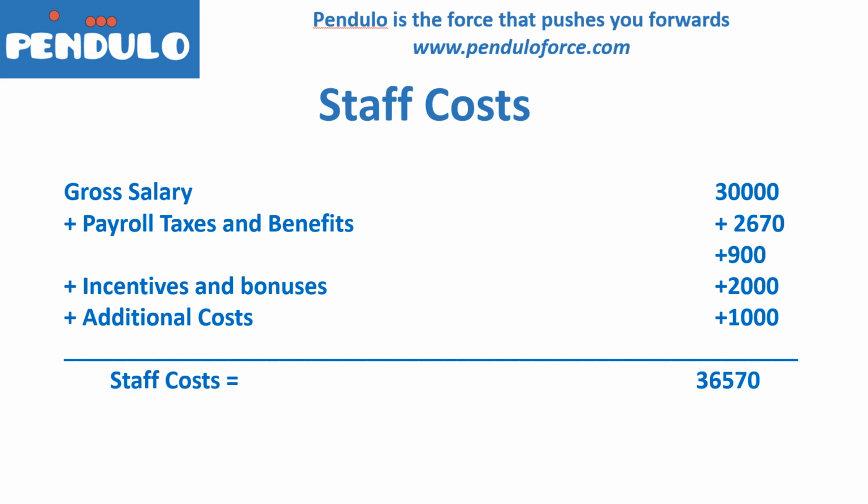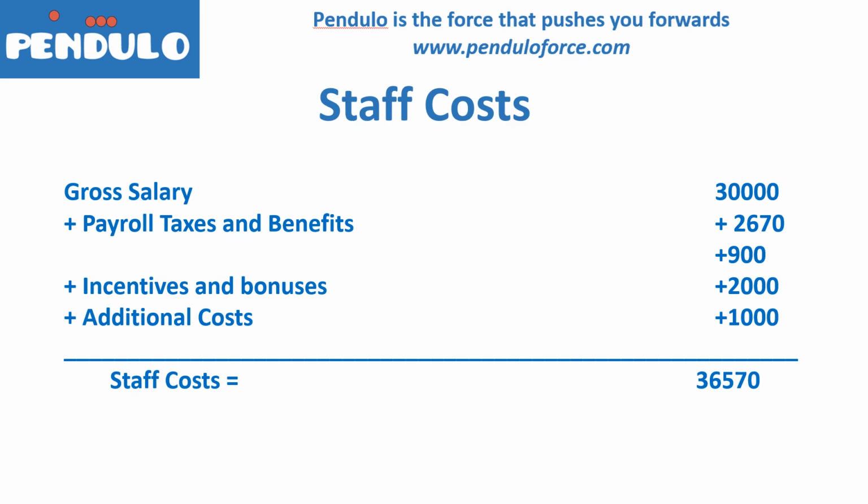So that will add up to 36,570. So always when you negotiate a salary, you need to consider all these additional costs and count them. Even if you are a business owner, you also need to count your own salary when you are checking if your business is profitable.